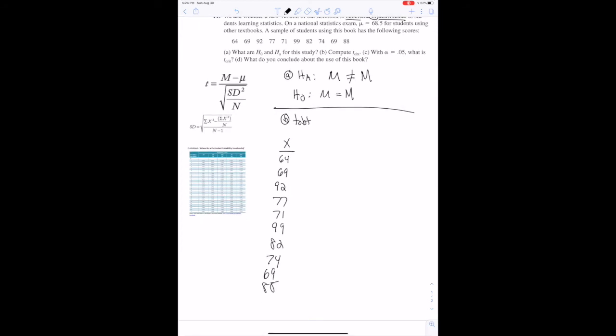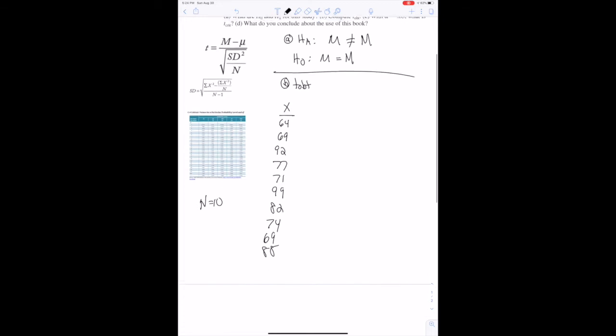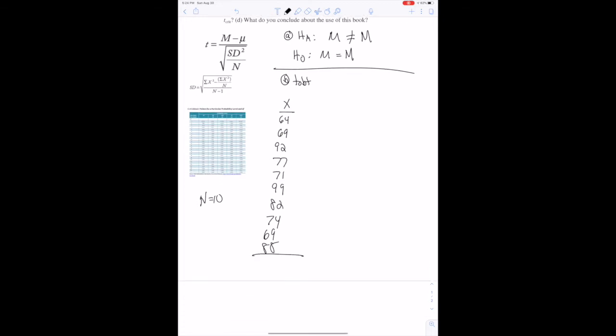That's our X scores. Now our N is 1, 2, 3, 4, 5, 6, 7, 8, 9, 10. N is 10. And so to calculate the mean, of course, we take the sigma x divided by n. So all we have to do then is figure out what sigma x is.